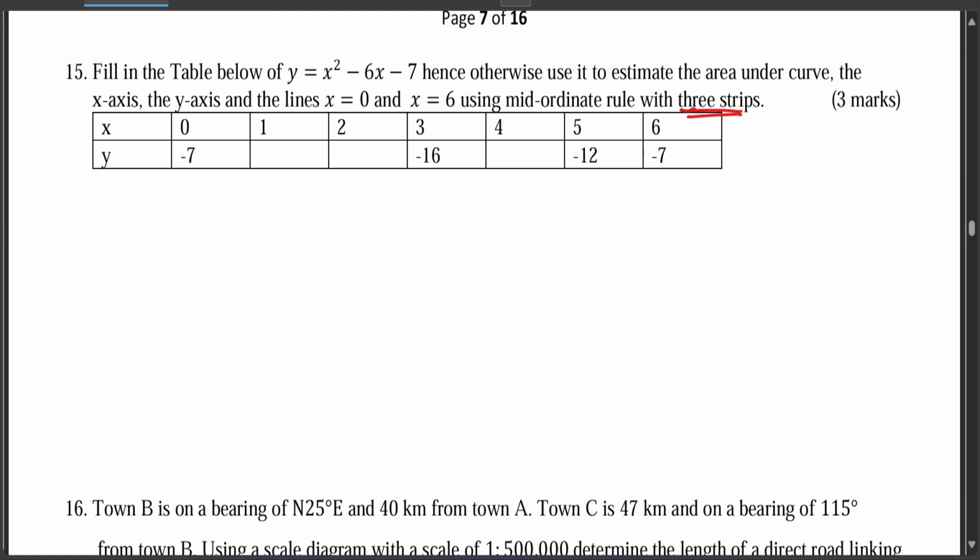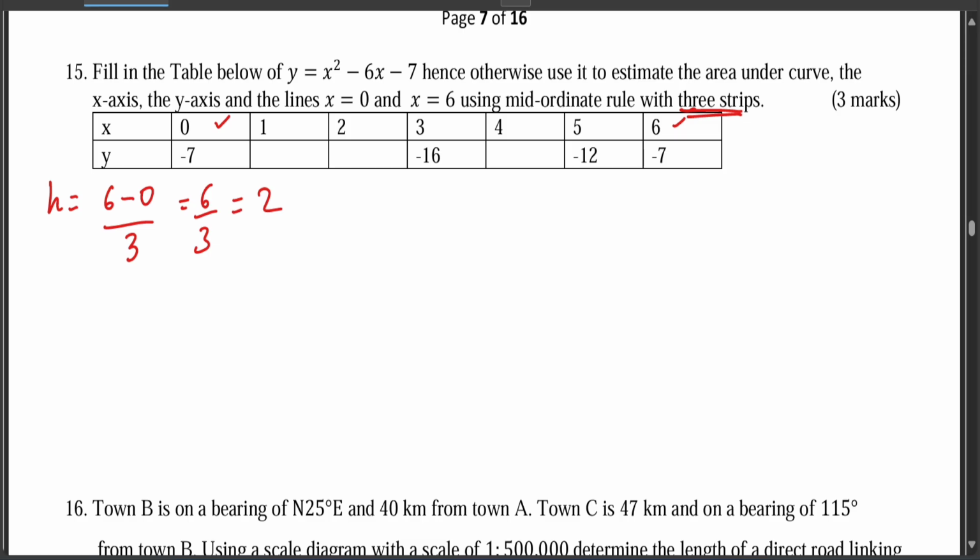So with 3 strips, for you to first get the height, you take the last minus the first, then divide by the number of strips. So you take 6 minus 0, divide by the strips, which is 3. So 6 divided by 3 gives you 2. That's the first thing that you should know.